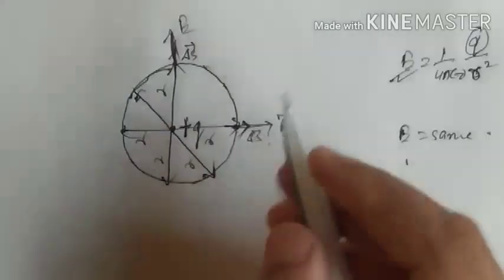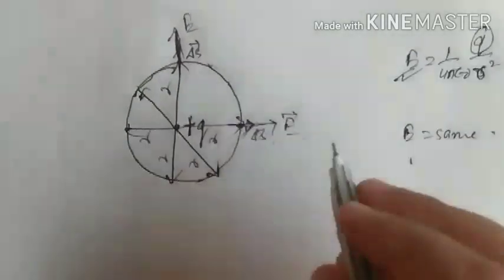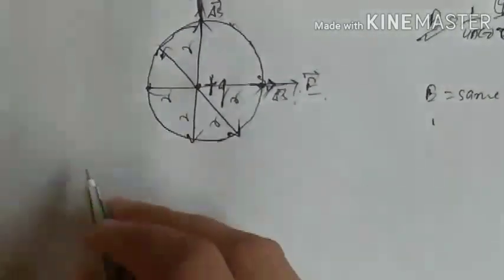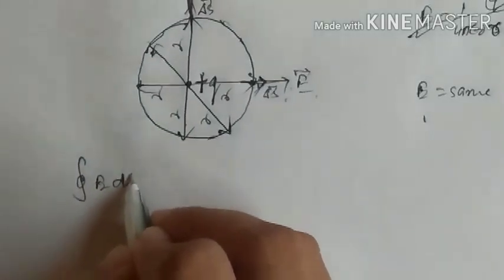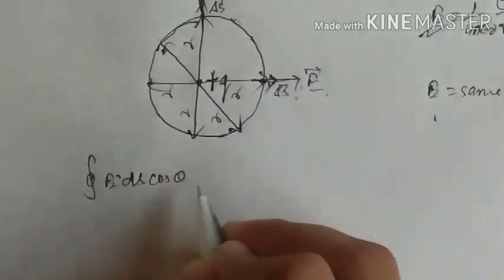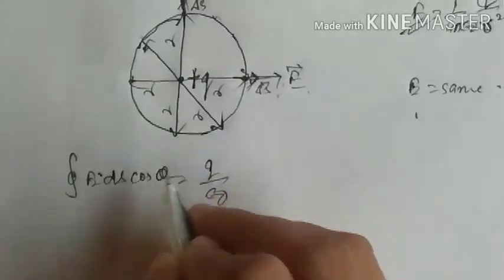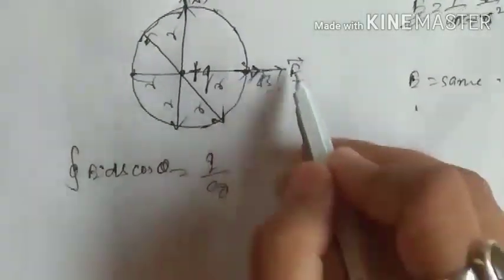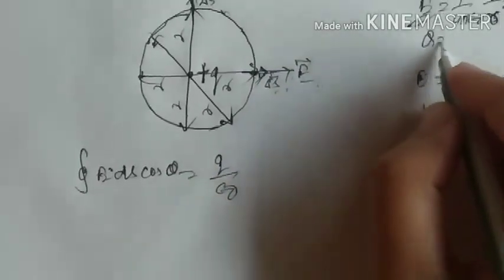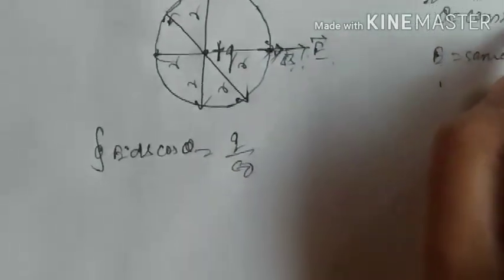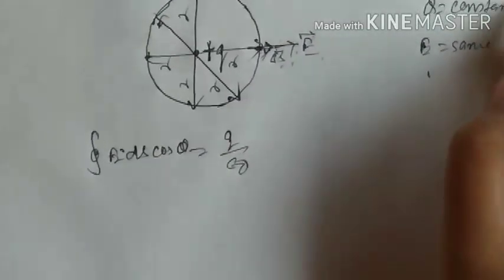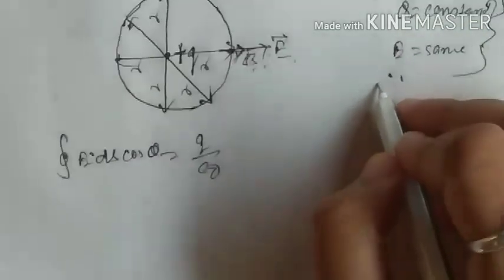So what we can say about theta? In E ds cos theta equal to Q by epsilon naught, this theta is the angle between these two. So theta also remains constant, or the same. So E and theta remain constant.